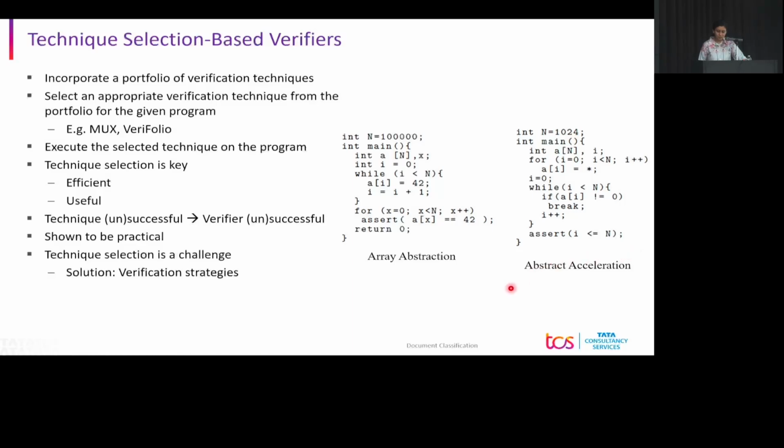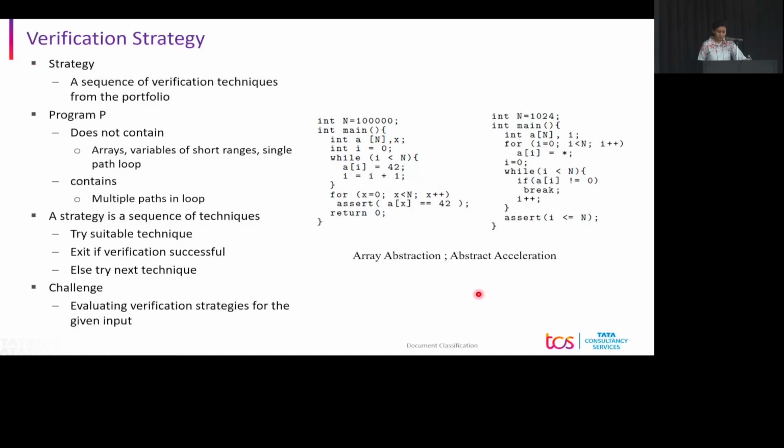Okay. So what do you do? One way to approach it is that you select a strategy instead of a technique. What does that mean? For these two programs, for instance, you perform array abstractions followed by abstract acceleration.